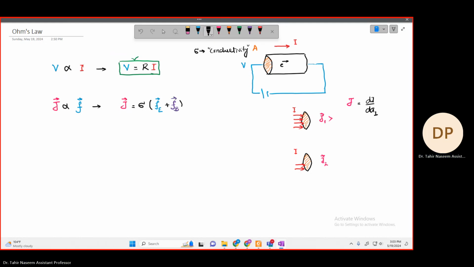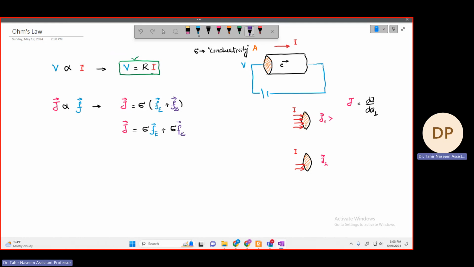Okay, so if I open this up, J will be equal to sigma Fe, electric force per unit charge, plus sigma Fb, magnetic force per unit charge, right?